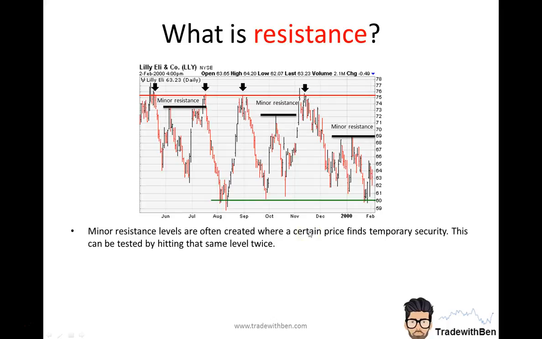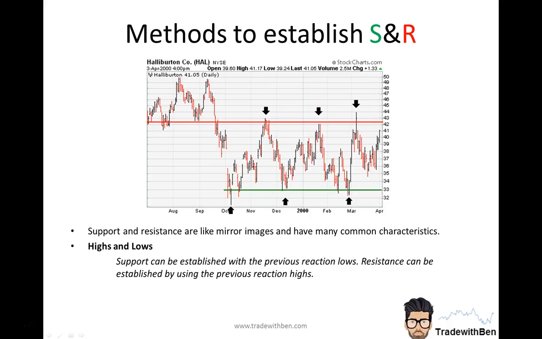So the next slide is methods to establish the support and resistance. Support and resistance are actually like mirror images, and have many common characteristics. So you have highs and lows. Support can be established with the previous reaction lows, and resistance can be established by using the previous reaction highs.